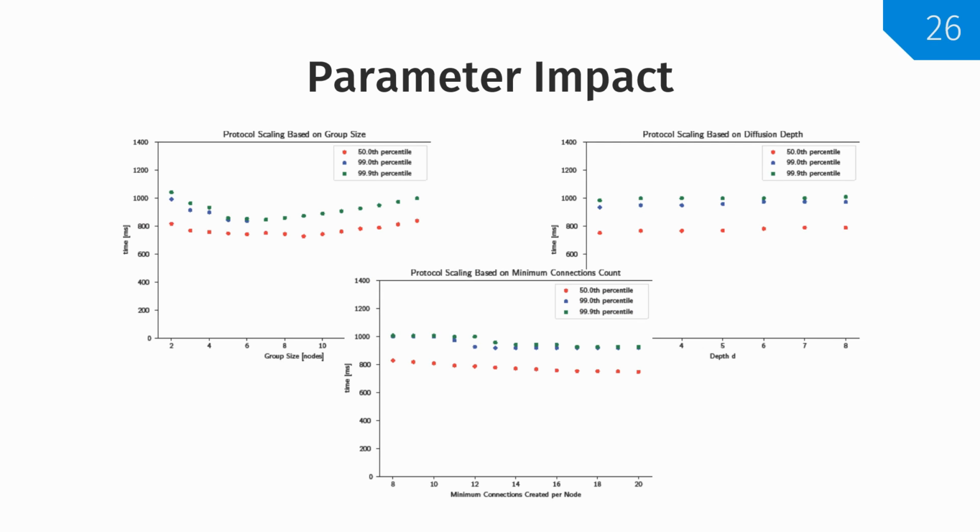We already also studied the impact of the various parameters of our protocol and detected expected quadratic scaling of the group size, largely no strong impact of the depth and minimum connections within the network.